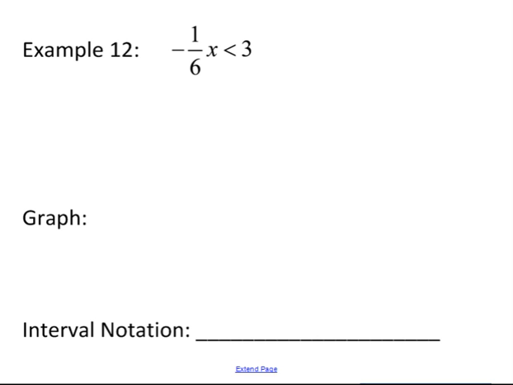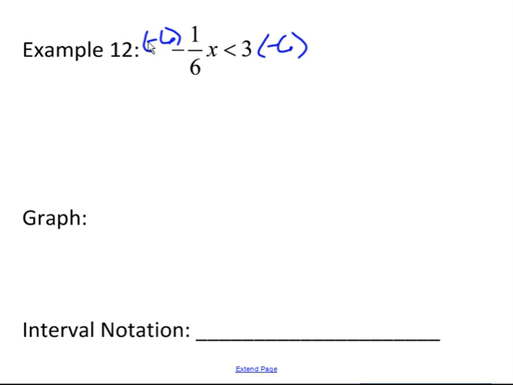Okay, let's take a look at number 12. When you have a fraction times the variable, instead of dividing by 1/6, it's a whole lot easier to multiply by the reciprocal. So I'm going to multiply both sides by negative 6.